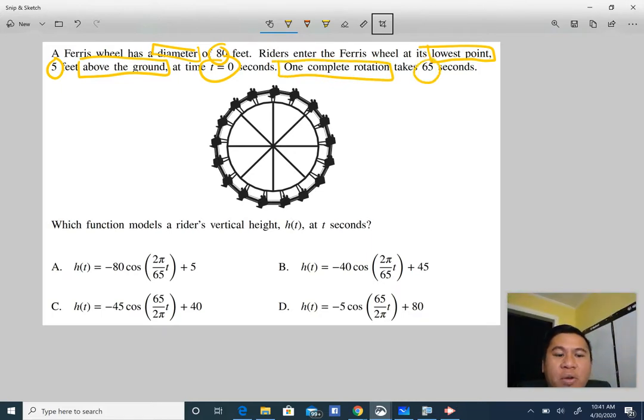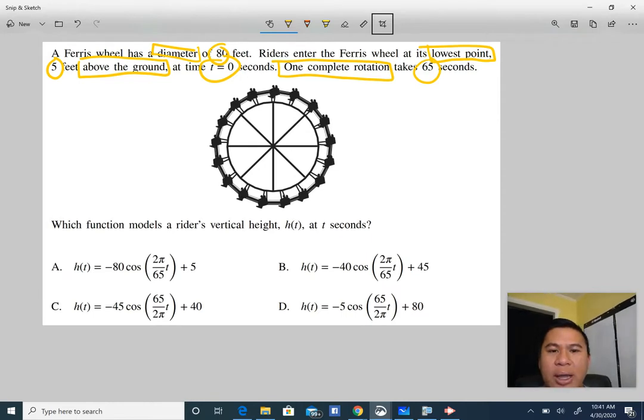Which of the following functions models a rider's vertical height at t seconds? In this case, we'll be particularly concerned about the midline. If you want to be concerned with amplitude and period as well, you can go back to my previous video about these trigonometric functions.